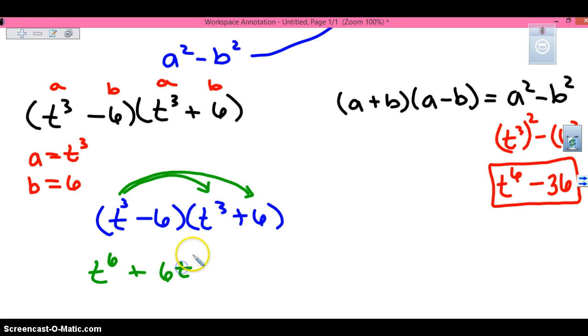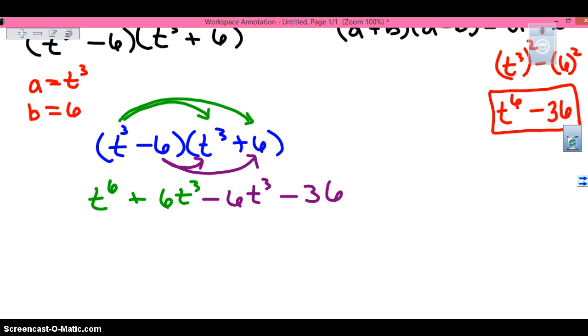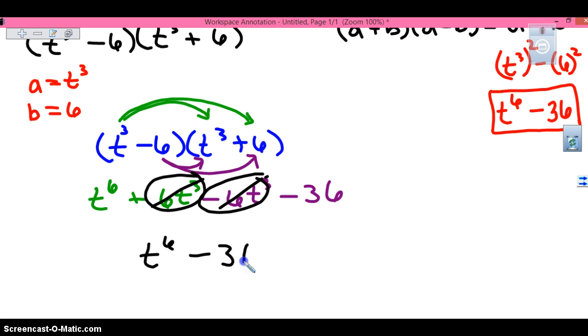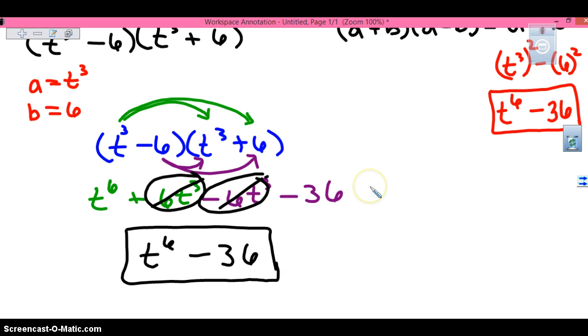Plus 6 t cubed minus 6 t cubed minus 36. We combine our like terms. They cancel out. We end up with t to the 6th power minus 36. Did we get the same answer either way? Yeah.